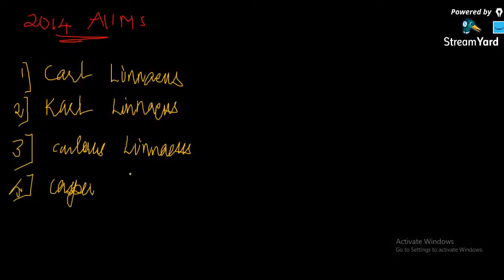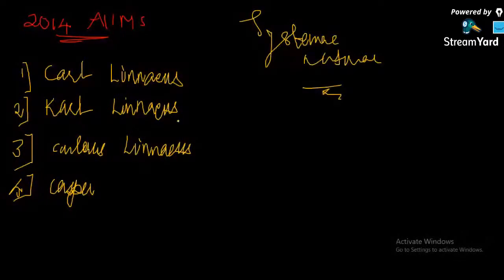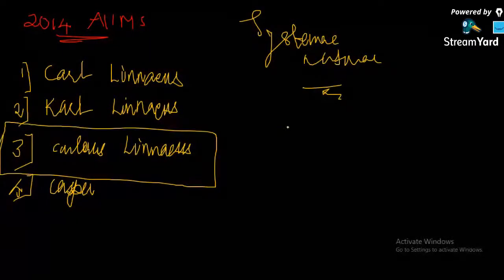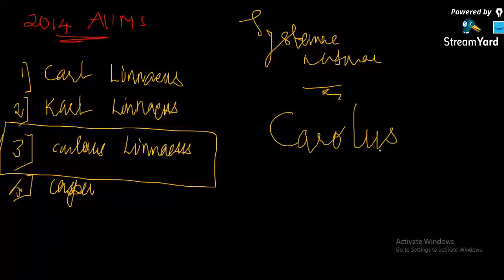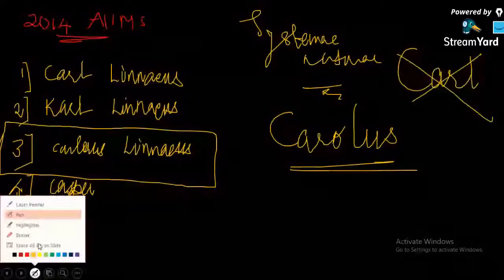Who wrote the book Systema Naturae? So the correct answer is option 3, Carolus Linnaeus. The spelling is different. You pronounce it as Carl, but it is not written as Carl. It is Carolus Linnaeus. I hope this is clear for everybody.